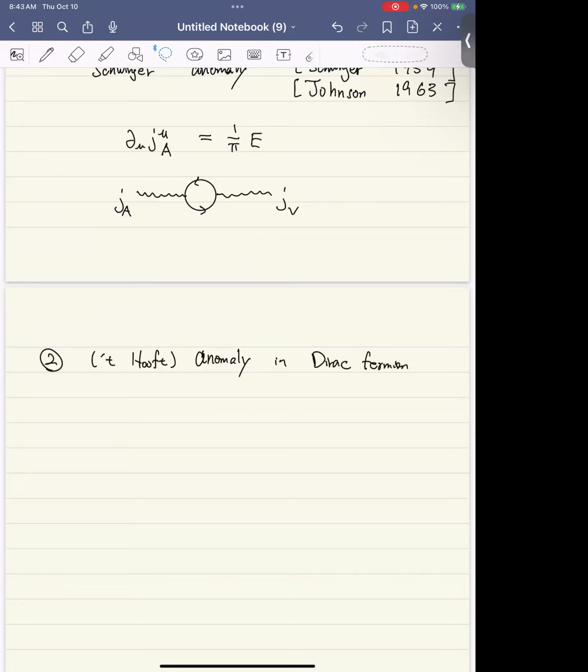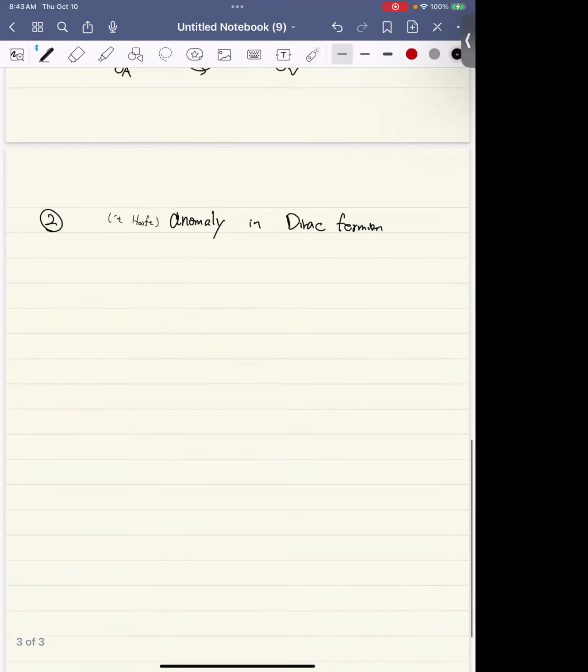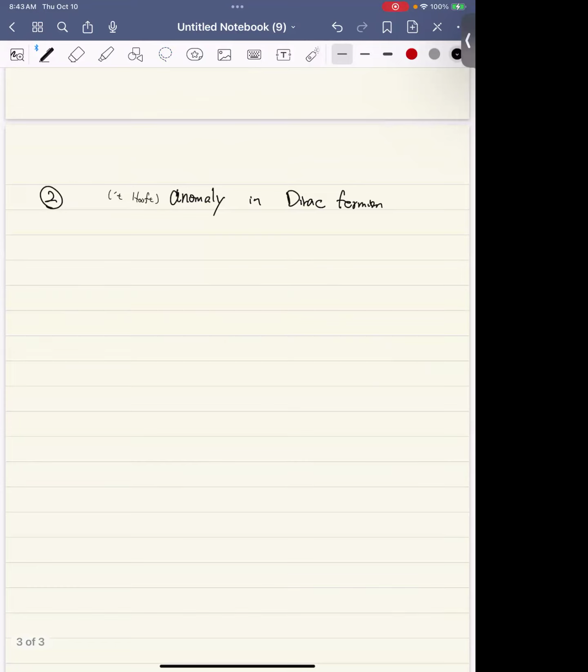I'm going to make this 't Hooft adjective very, very small because all this development happened before 't Hooft's anomaly paper. So what's the statement there? The statement in the free Dirac fermion theory is simply that you cannot gauge U(1)_V and U(1)_A at the same time.